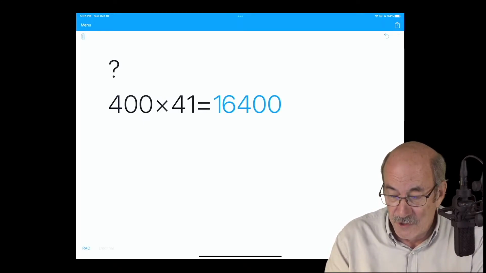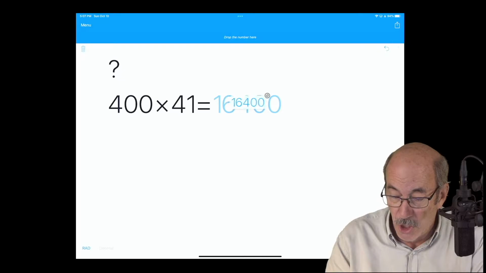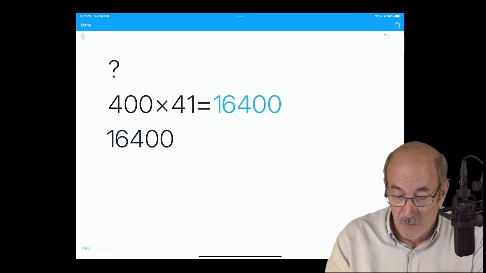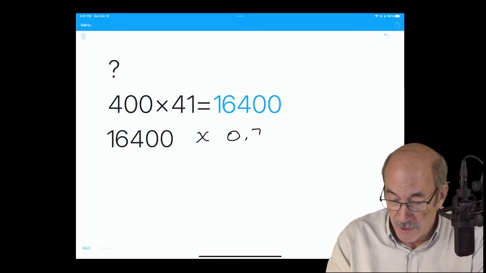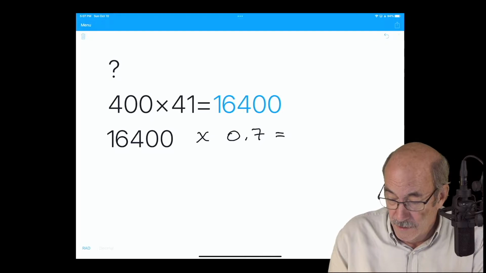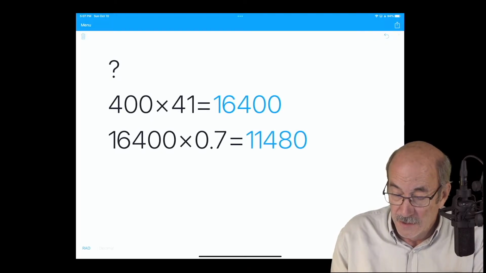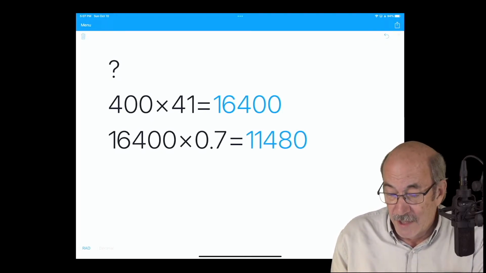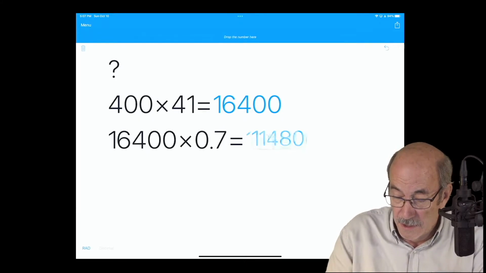Now, that's when we open it, right? We have to put in 70% of that of our own money, so I would just multiply that by 0.7. That means we have to put in 11,480.